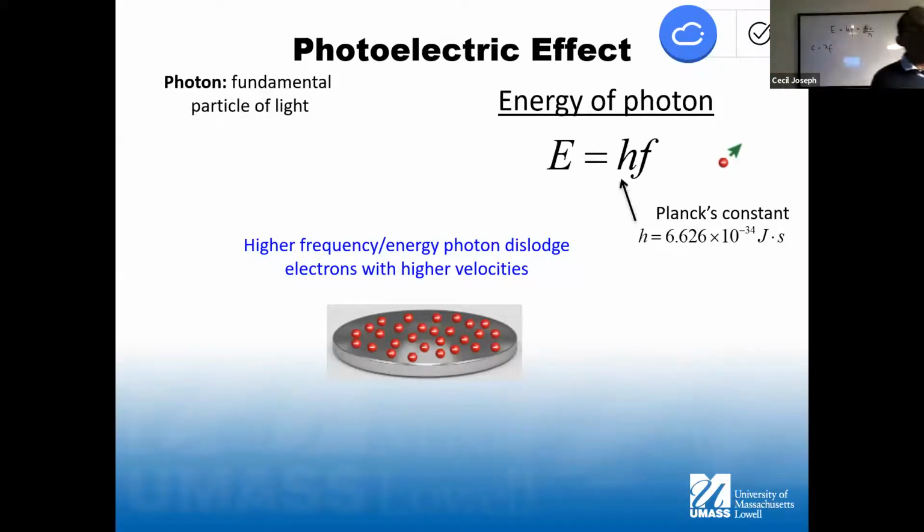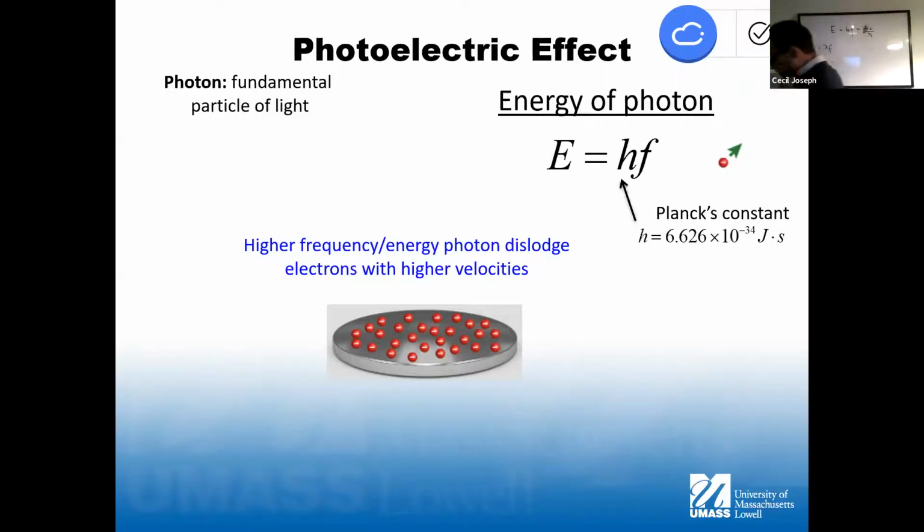So the way to think about this is really like posting bail. Let's say that something is incarcerated, and bail is posted at $10. So what we're saying here is that the bail amount is the equivalent of the amount of energy needed by the electron to leave the metal.